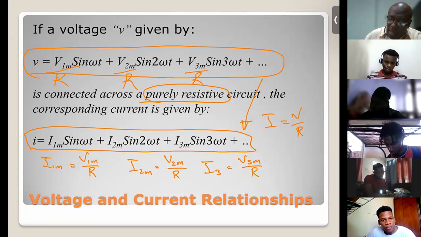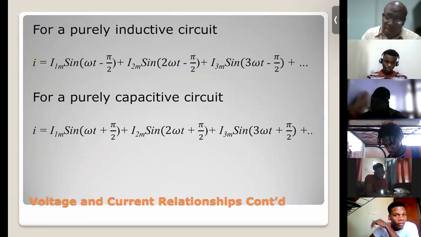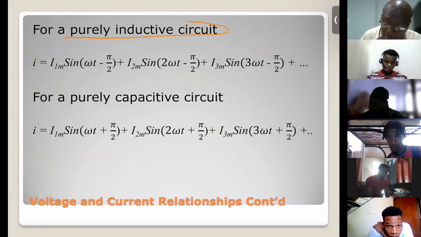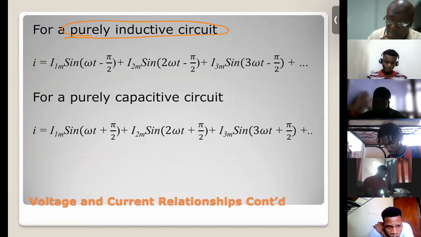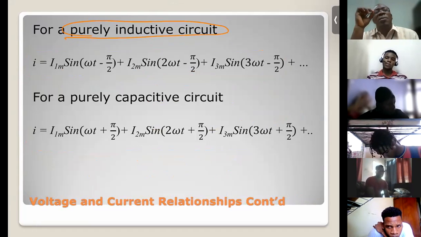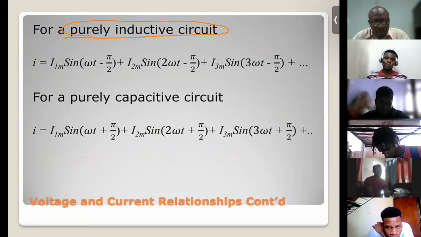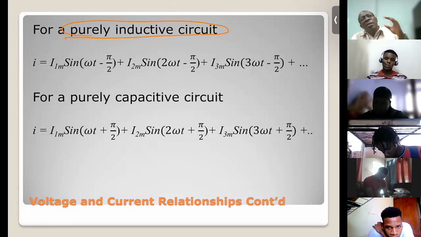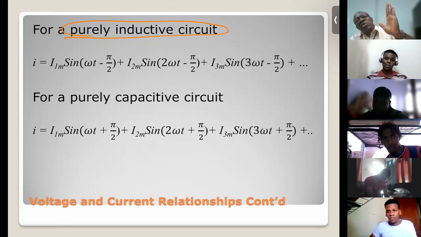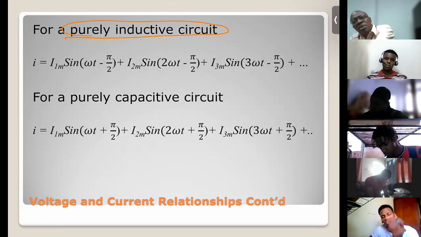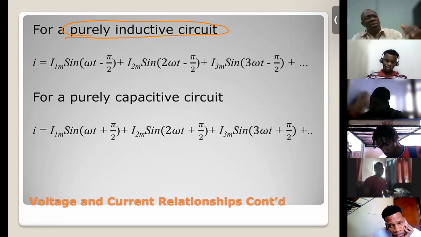However, if I connected the voltage across a pure inductor, then I'm going to get an expression I1M sine omega t minus pi over 2, because the same principle that you learned with AC circuits is also true here, that the inductor is going to cause a 90-degree shift between V and I. And so the current is now going to lag the voltage by 90.